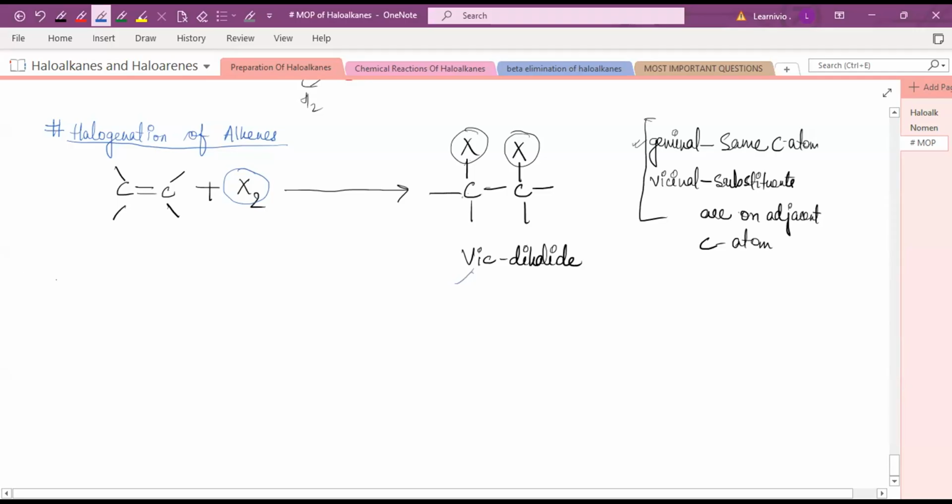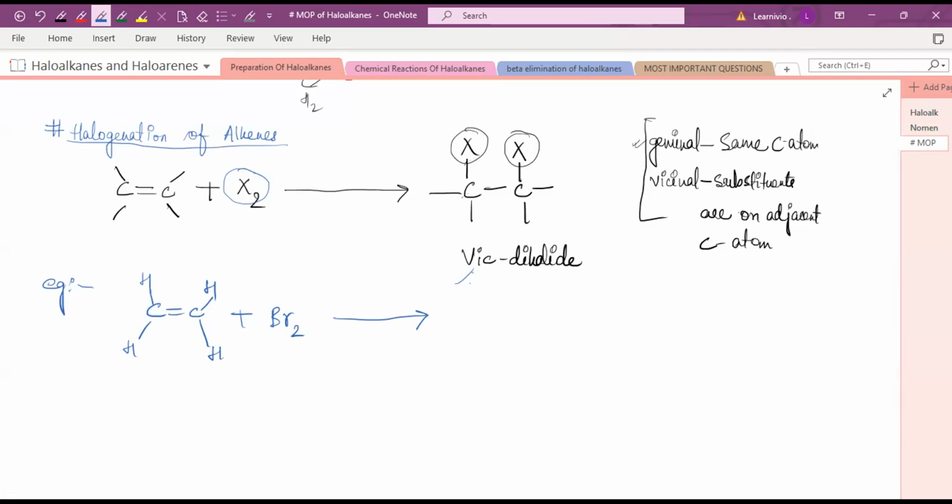For example, if I give you one question, I'm taking ethene again. So this is ethene. When I give you Br2, tell me what will be the product? Ma'am, CH3.